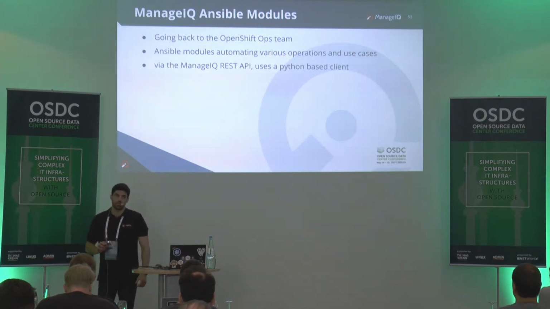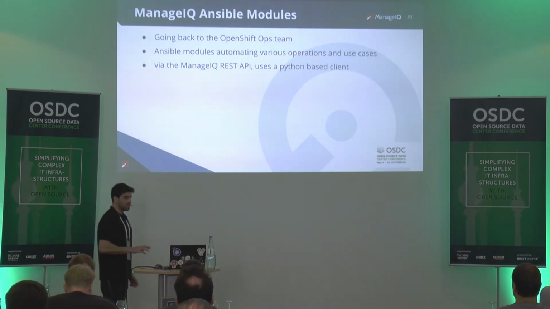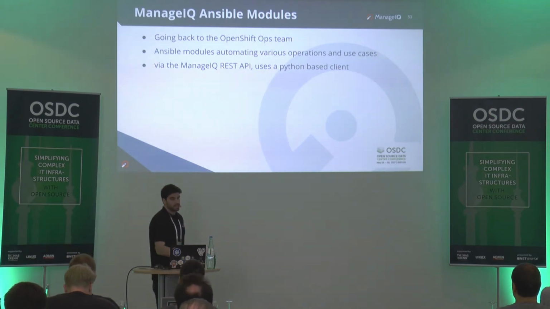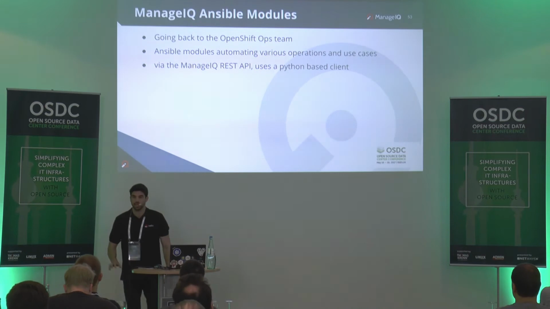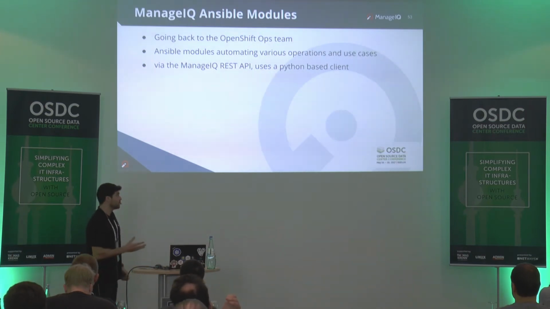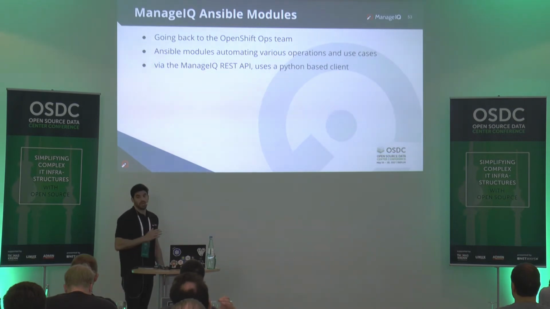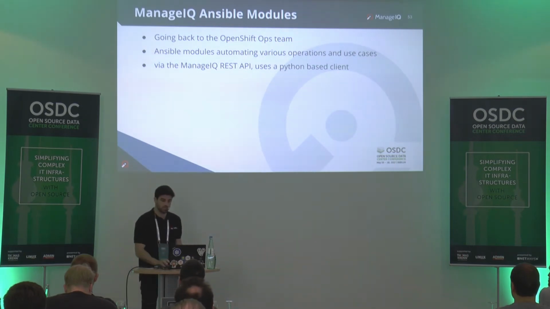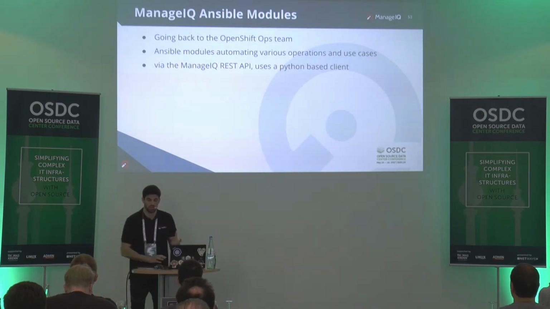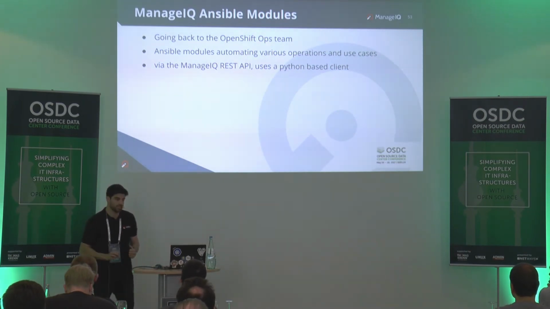It works through ManageIQ's REST API and uses a Python-based client that we wrote and maintain. It also has a pip package you can use if you want. The link is at the end of the presentation. And the choice of Python is natural, since Ansible is a Python project.